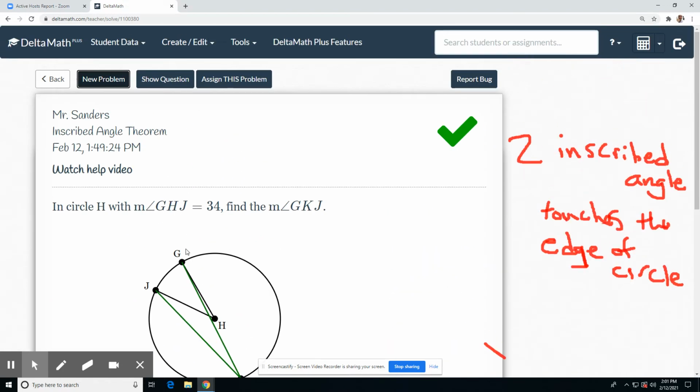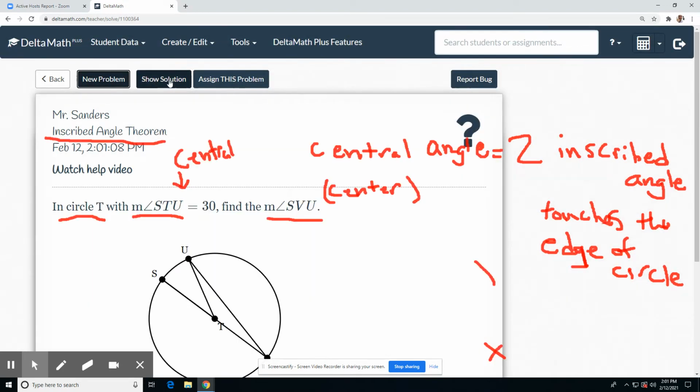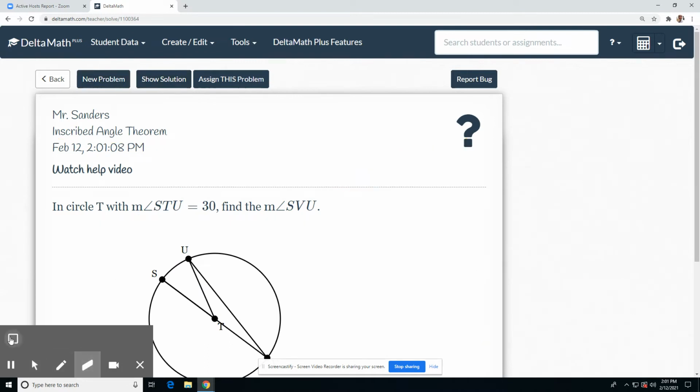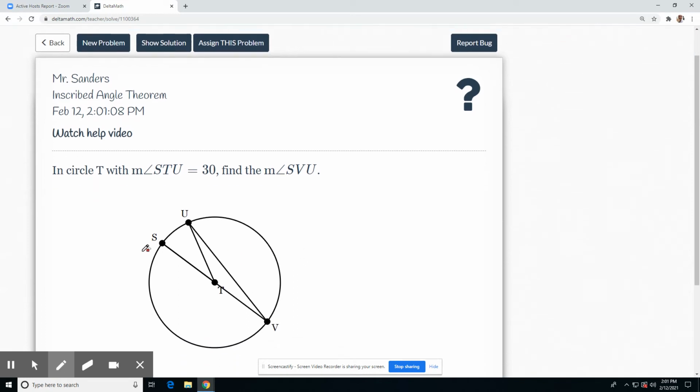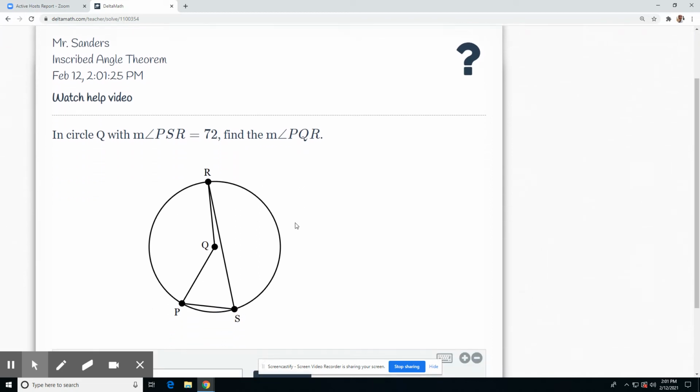Let's look at the next one, see if it's any different. This one's a little bit hard to see, but it would be the same kind of structure. STU, they're giving you the central angle again. Let's try the next one, which is a little easier to see. We got some more action going on.